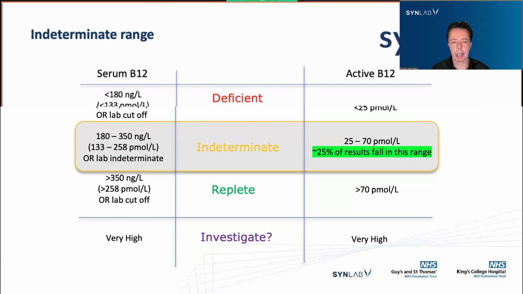So any result below 180 nanograms per litre B12 is deficient, or 25 picomoles per litre active B12. But in this indeterminate range, what happens is that a second line test is recommended. And we will talk about that now.